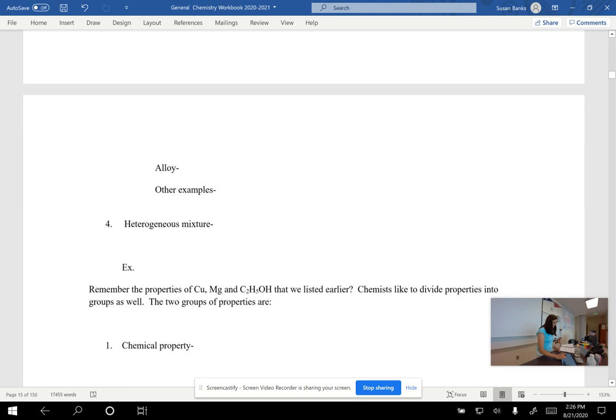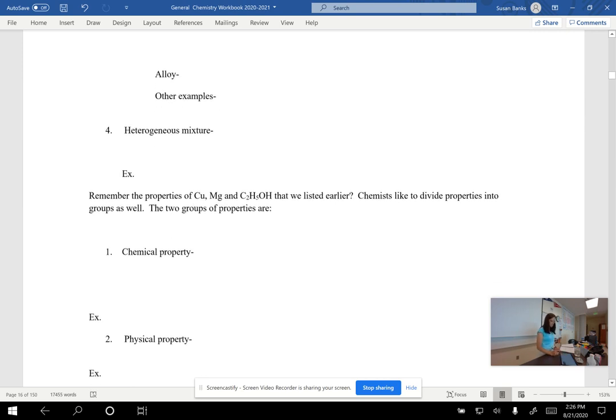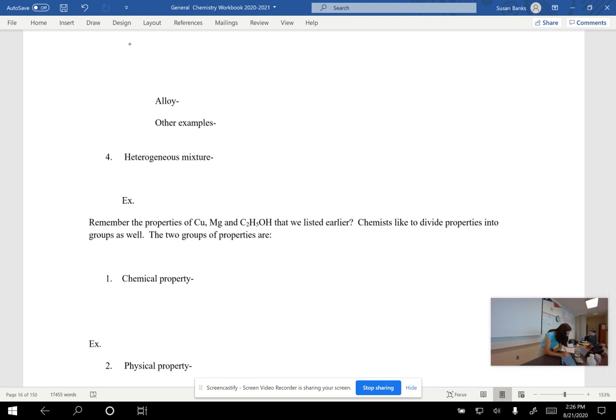An alloy. How many of you have heard of alloys? Especially if you're into cars. Have you heard of alloy wheels? Alloys are just solutions made with various metals. So they're made by mixing metals.